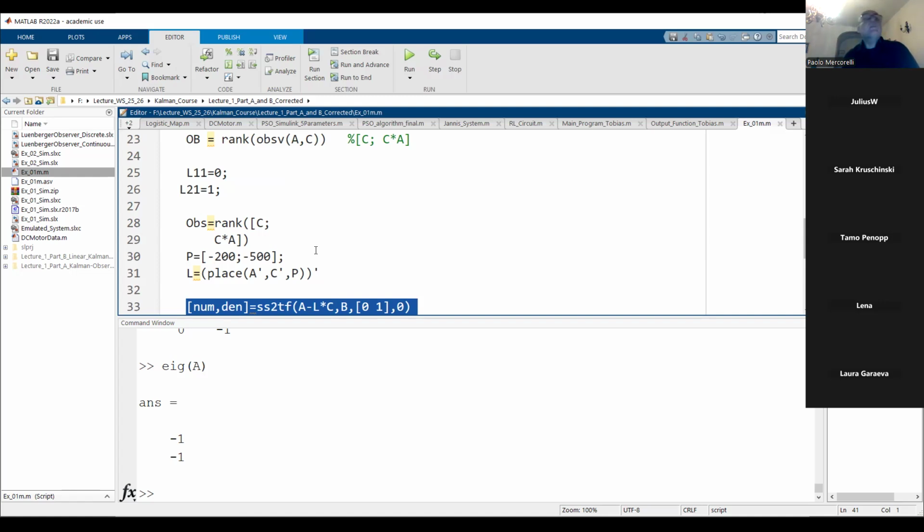asymptotical observer because the system is not exactly well described. This means the observer will reach the value.